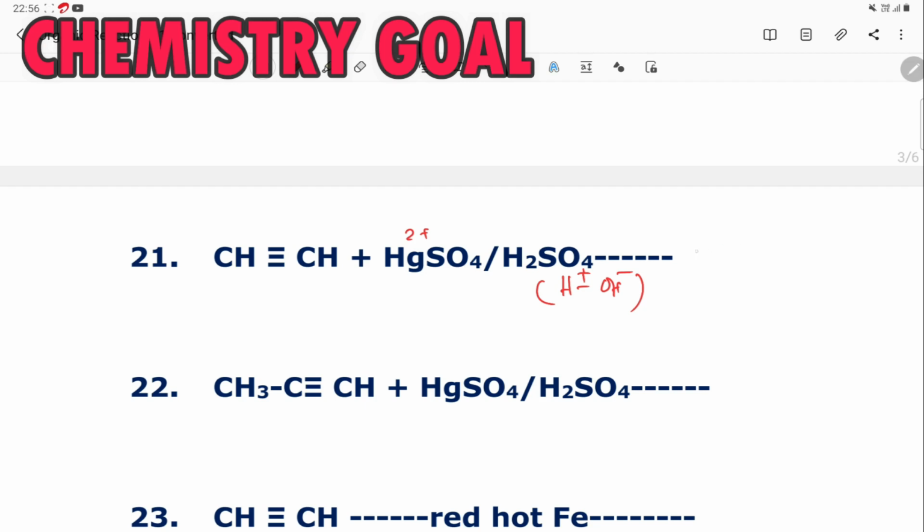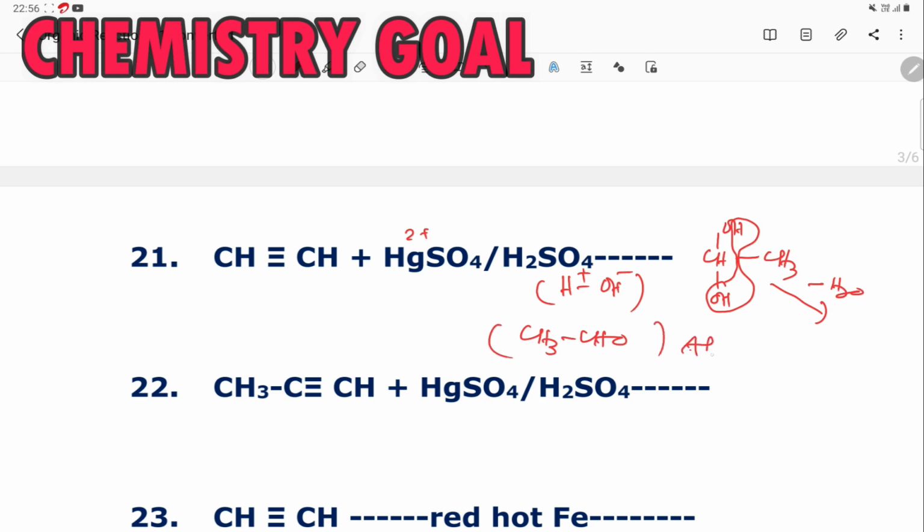Twice HOH is added: first OH here, then another OH here. In the first step there is loss of a water molecule, so the result is CH3CHO, aldehyde.